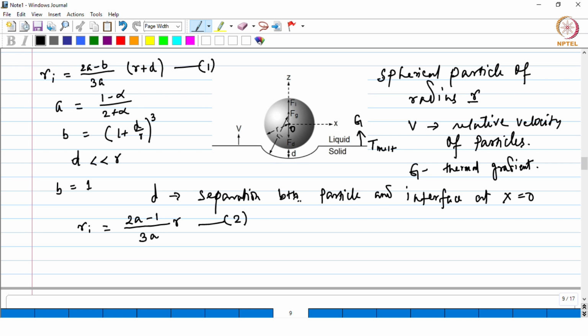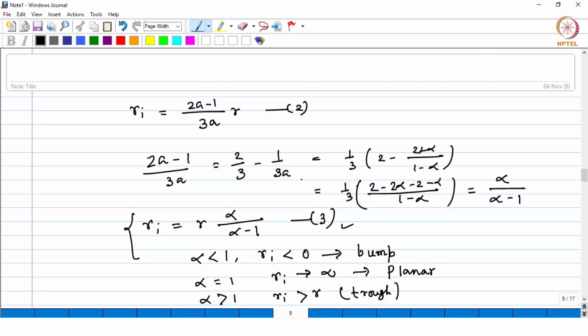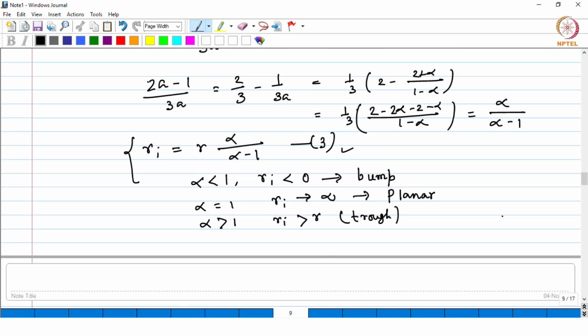Okay. When Ri is more than R, then only this trough develops, and this will lead to engulfment of the particles. Whereas development of the bump leads to pushing of the particles. Okay.